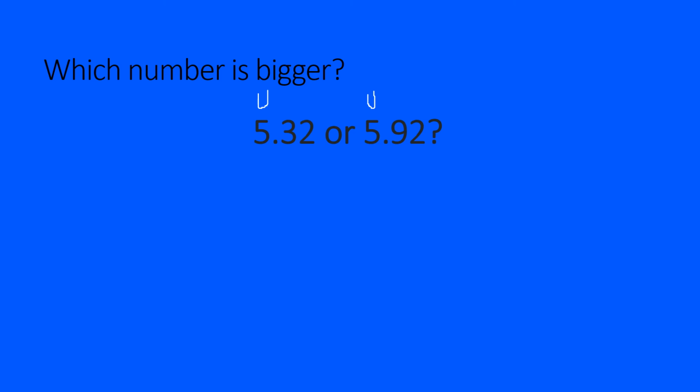Okay, so the next column for the first number is the 3 in the tenths column. The next number in the tenths column has 9. So we compare 9 to 3. Which number is bigger? 9. So 5.92 is the bigger number.